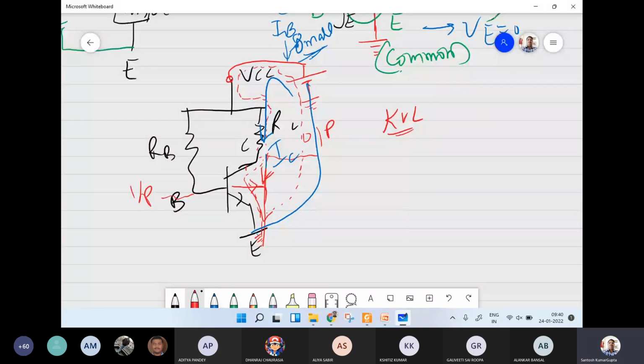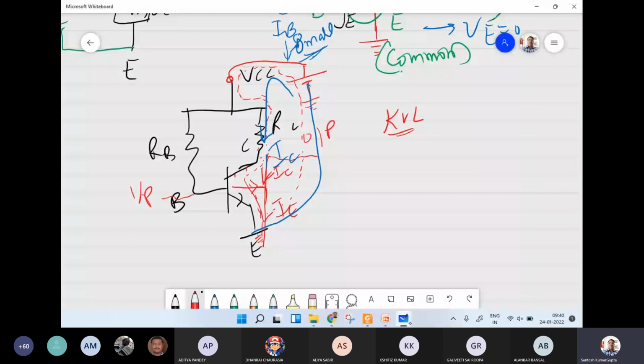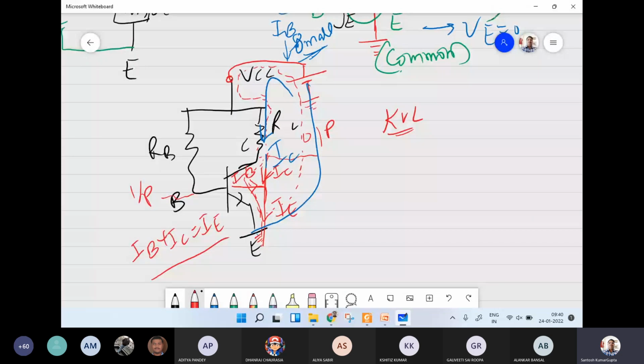For the transistor equation, if we write IE, IC, IB, then it is IB plus IC is equal to IE. This kind of equation we can write in a transistor. The difference between a simple circuit and a transistor circuit is that this is a three-terminal device, and we need to write the equations separately for the input and output ports, input side and output side.